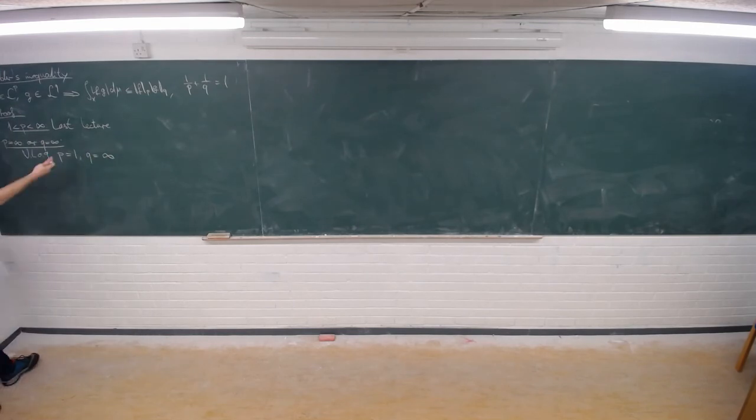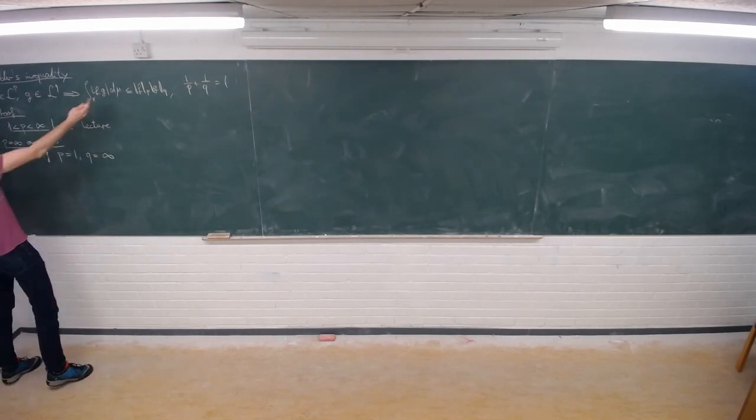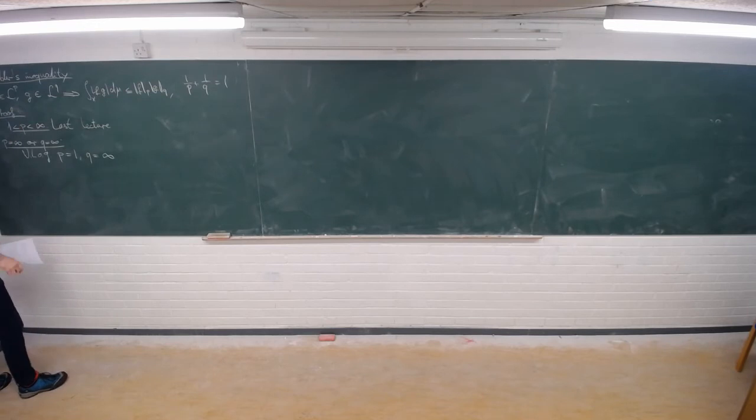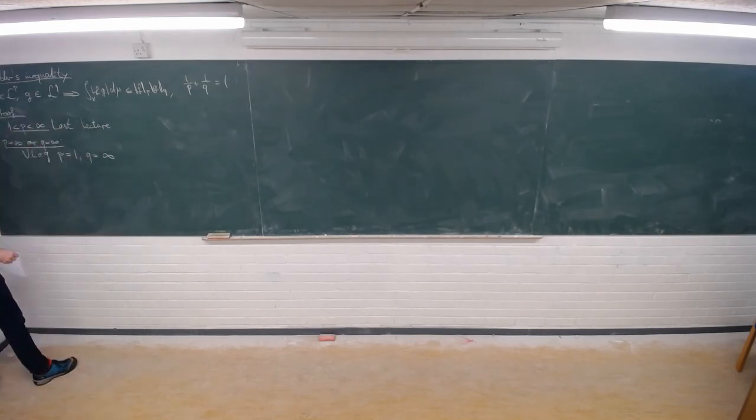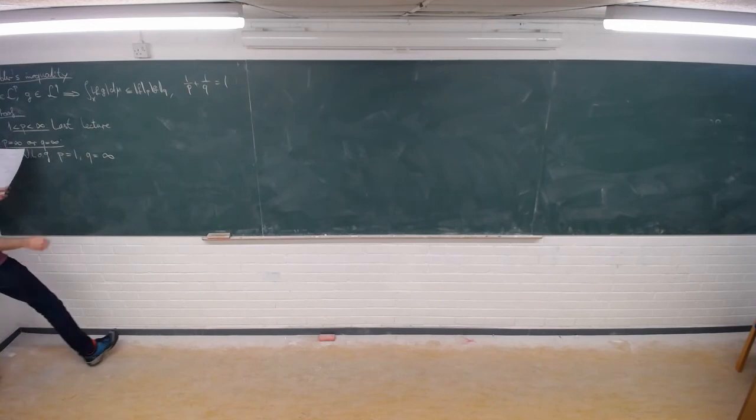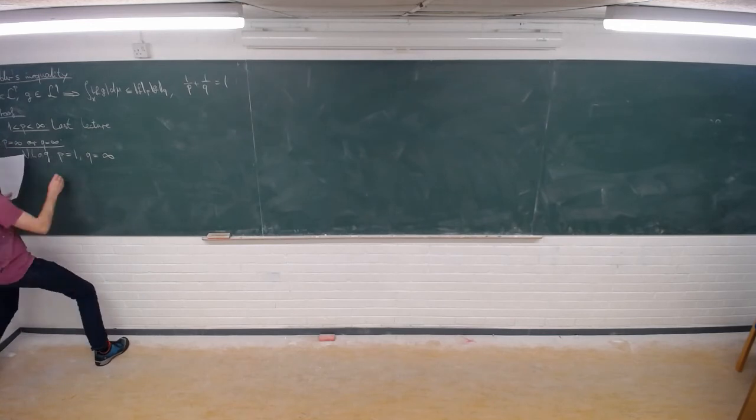Right? If p is infinity, then q has to be 1, and the inequality is symmetric in p and q. So let's assume p is 1 and q is infinity. Then the proof is much simpler than in the previous case. It's just a one-line computation, basically.